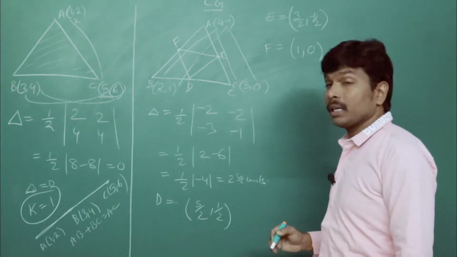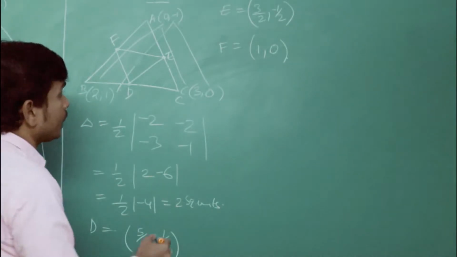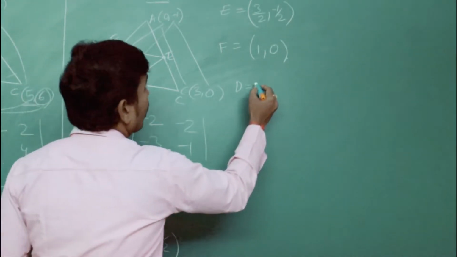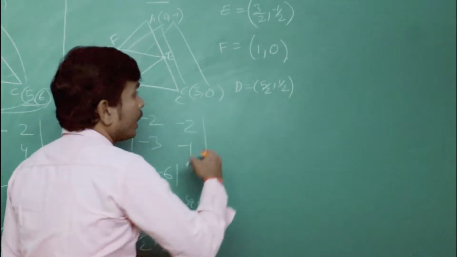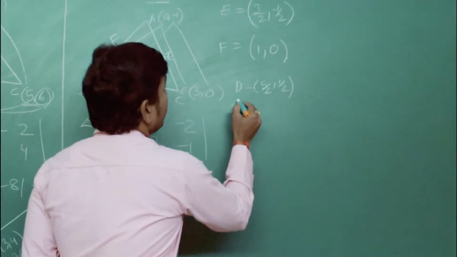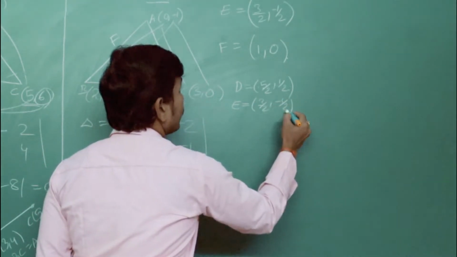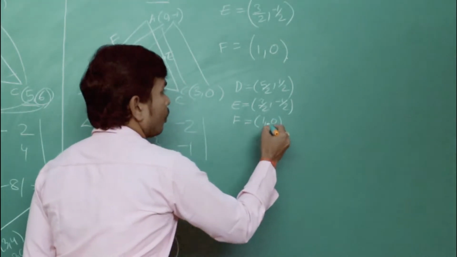So we got 3 points. D is 5 by 2 comma 1 by 2. E is 3 by 2 comma minus 1 by 2. F is 1 comma 0.